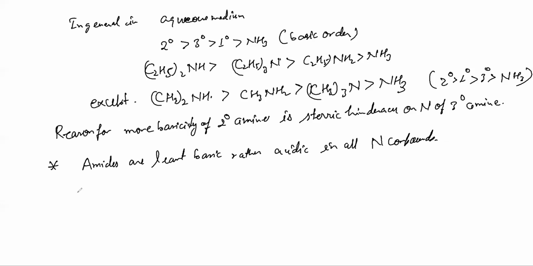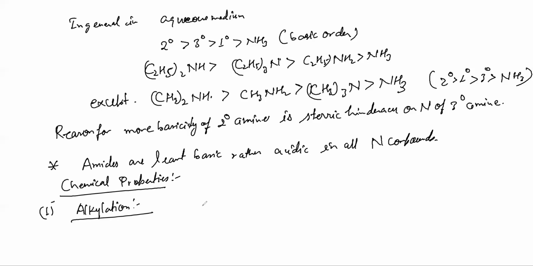Now, let's move to the chemical properties. The first chemical property that you can write is alkylation. We have already done it twice now. How? RNH2 treating with R-X. Please draw the structure of A, B, C, D like that.